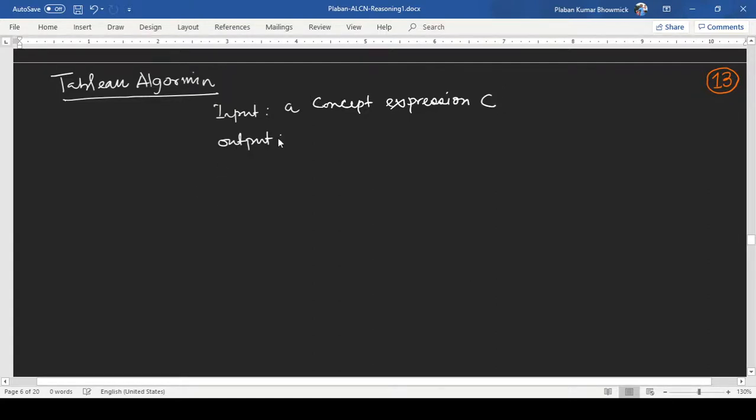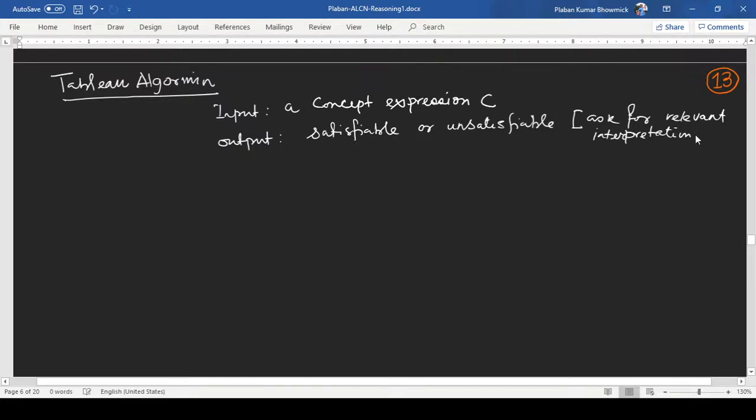And output is either satisfiable, either the concept is satisfiable or unsatisfiable. And additionally, we can ask for relevant interpretation, right.